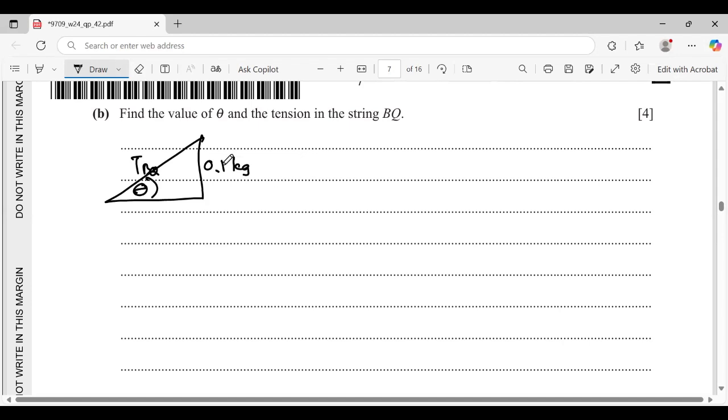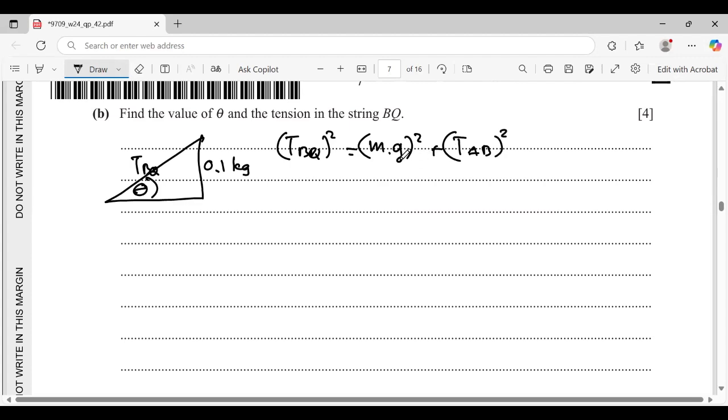So we can determine that tangent first, tension BQ first. Tension BQ squared equal m times g squared plus the tension AB squared.